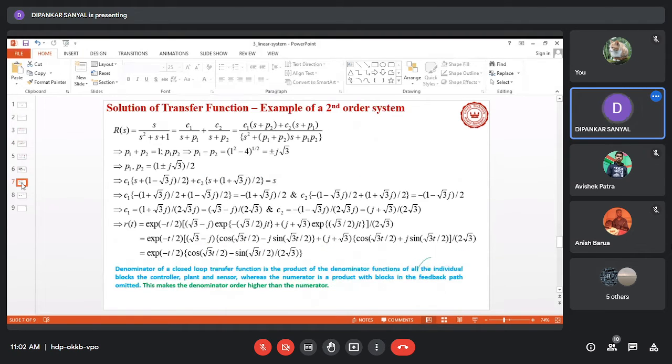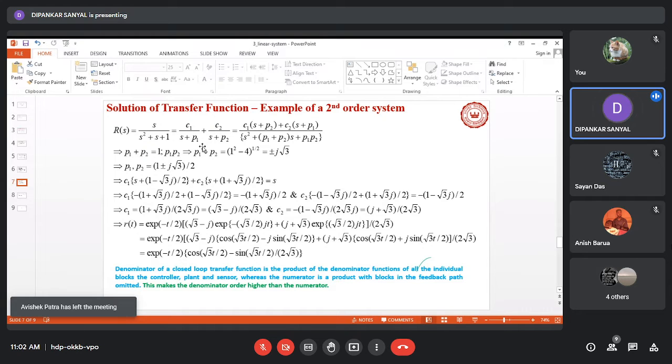Before moving further, we just consider that we have this response function in the form of this denominator along with one numerator. So we can split this as S plus P1 and S plus P2.